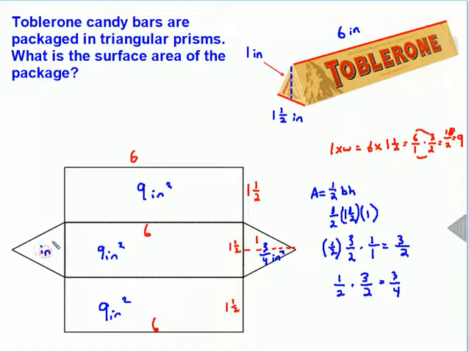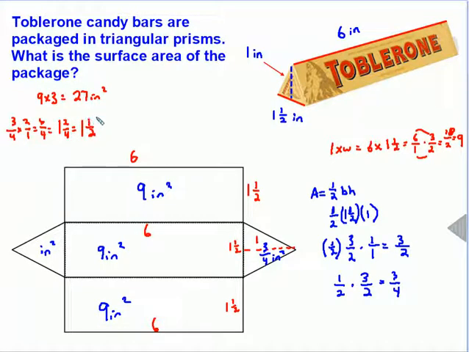And then what we have to do is add them all together. I'm going to do that up here for clarity's sake. Each one of these rectangles is 9 inches squared, and there are 3 of them, so 9 times 3 is 27 inches squared. And then each of the triangles is 3/4, so I've got to multiply 3/4 times 2, which gives me 6/4, or 1 2/4, which is also the same as 1 1/2.